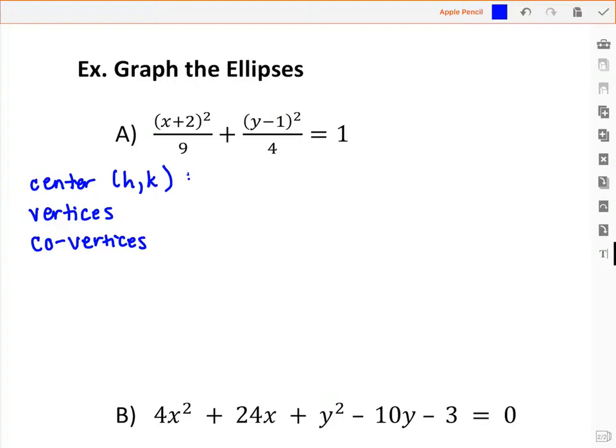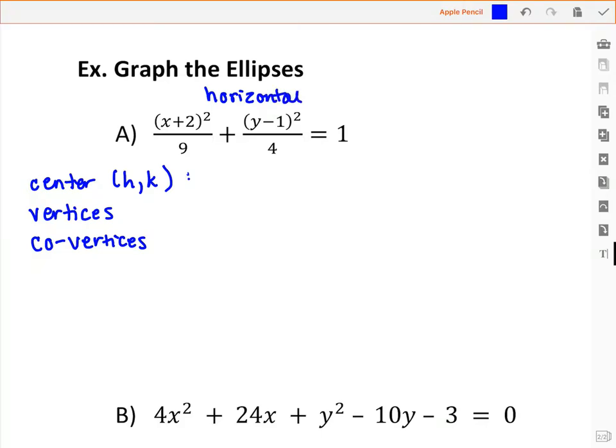So first thing we need to decide is, is it horizontal or vertical? Just looking at our equation for our ellipse, I check the denominators. The first denominator is 9, and the second one is 4. Wherever the larger one is determines if it is horizontal or vertical. So 9 is bigger than 4, and that's under the x, so that means this is horizontal.